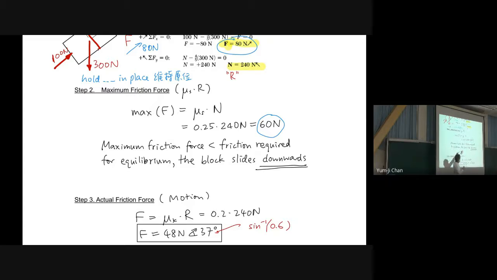If the maximum friction force is not enough to hold it in place, it will have motion, and then we need to recalculate the friction force, because if we have motion, the friction is related to mu k, not mu s. Is that okay?